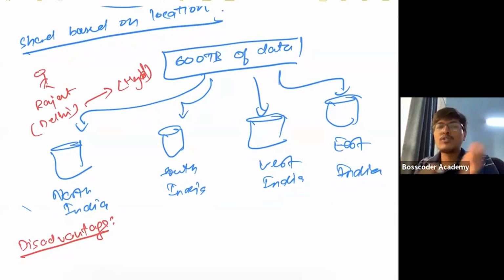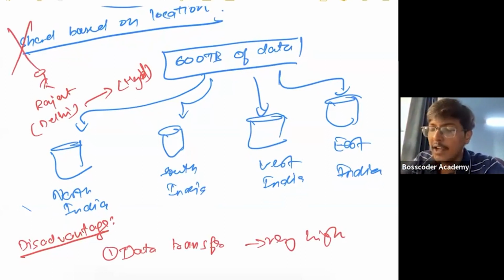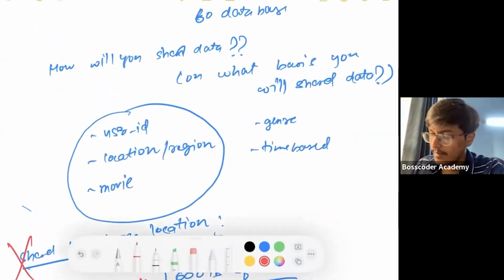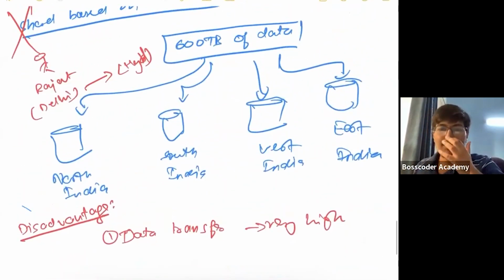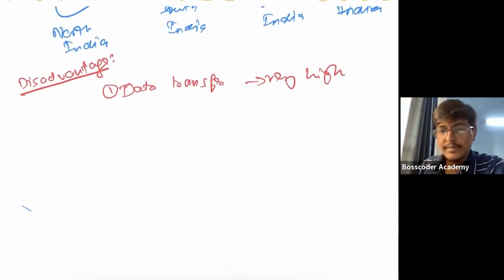And since a lot of users are traveling here and there, the data transfer will be very high. That is why this kind of sharding is not a good way of sharding the data. Does this make sense? A quick yes. That is why sharding based on location is not a good idea and we should not do it.